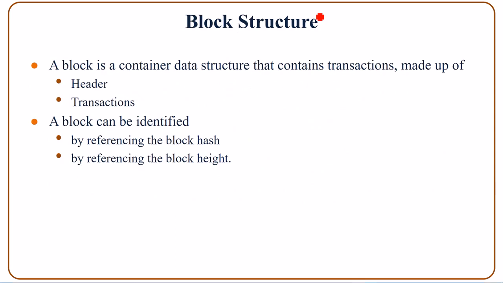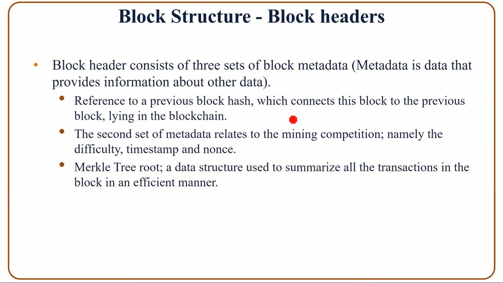A block is a container that is made up of the header and the transactions, and a block can be identified by referencing the block hash or the block height. The block header consists of three sets of block metadata.